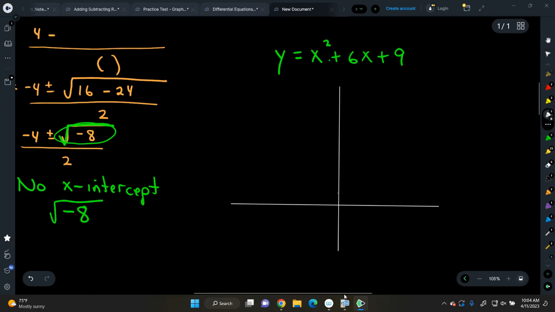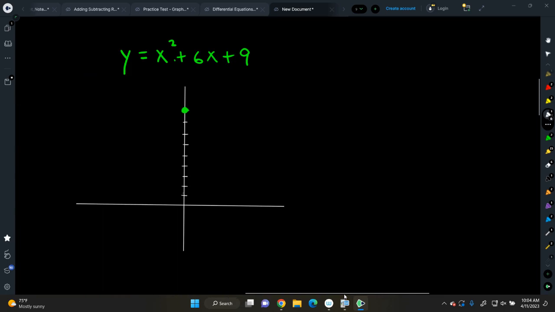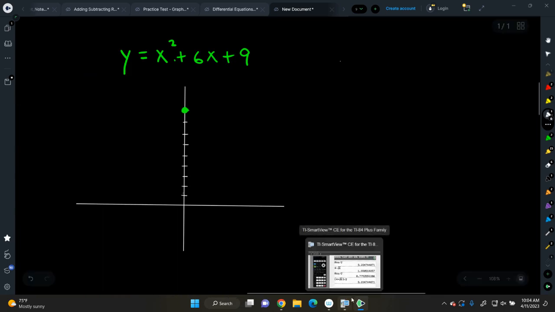Actually, let me move this down a little bit. Okay, so 9. So 1, 2, 3, 4, 5, 6, 7, 8, 9. Please copy this in your notes, right? I'm giving you examples of stuff that you need. Y equals 9, that's my y-intercept. Okay.